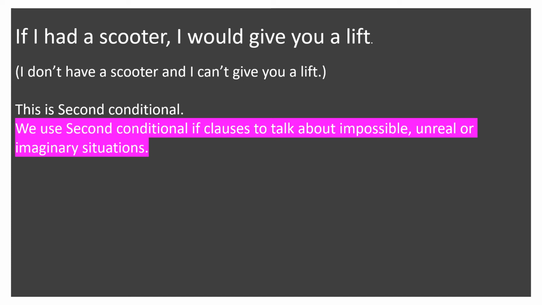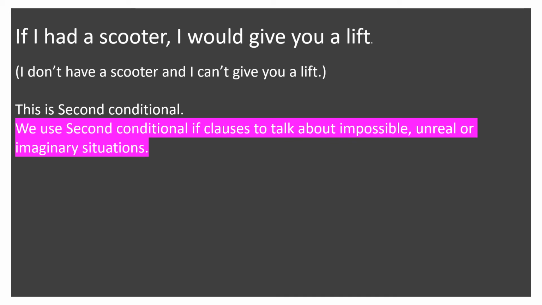Here in the given case, the speaker doesn't have any scooter. So, is it possible for him to give some lift to anyone? No, it's not possible. It's not going to be real, but it is just an imaginary situation. He's just expressing his wish.